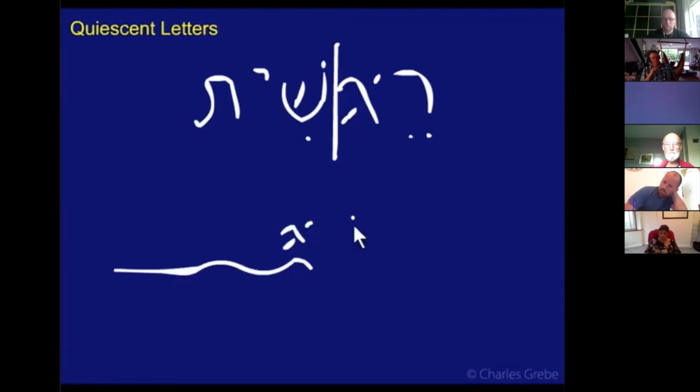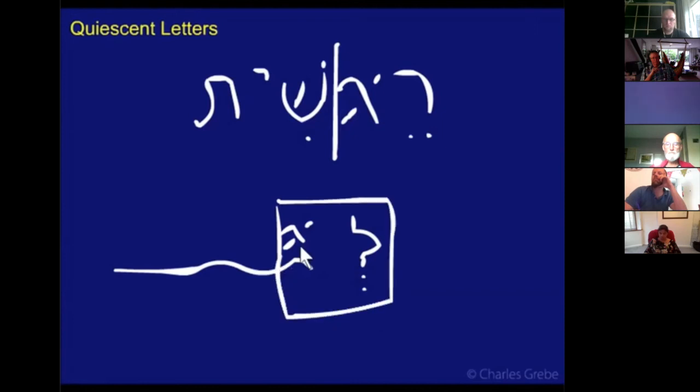If we add an l, b, or k, what will sometimes happen is the l will steal this first letter as part of its syllable, and so now this letter finds itself at the end of a syllable. Without the l, it was at the beginning. So when you put l or b or k on a word beginning with aleph, the aleph may well quiesce because now it finds itself at the end of a syllable.